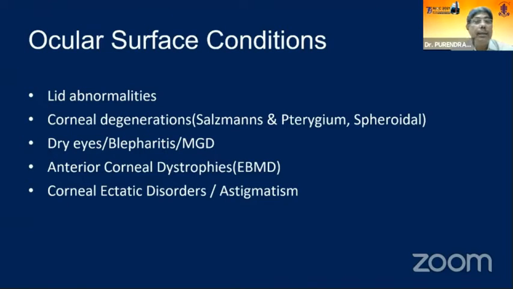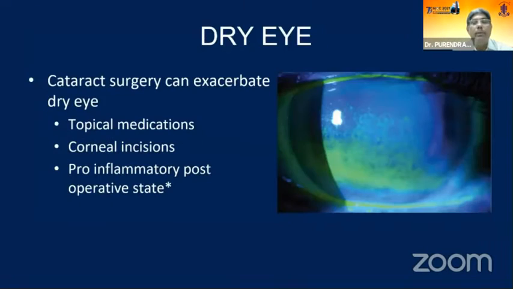Ocular surface conditions include lid abnormalities, the presence of entropion, ectropion, Meibomian gland problems, and corneal degenerations like Salzmann nodule and pterygium, or maybe spheroidal degeneration. Patients can have dry eye, blepharitis, Meibomian gland disorders, anterior corneal dystrophies like epithelial basement membrane dystrophy, and corneal ectatic disorders, mainly astigmatism, which has not been taken care of.